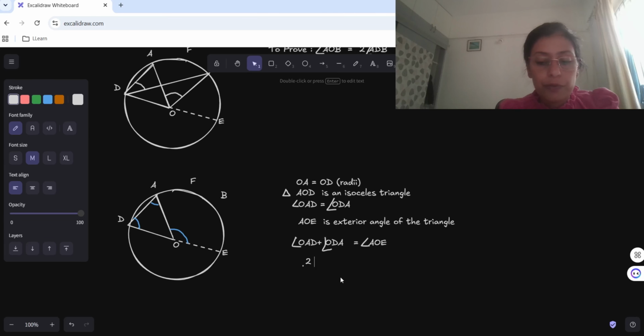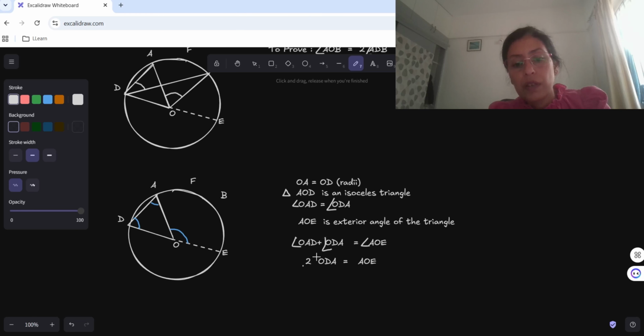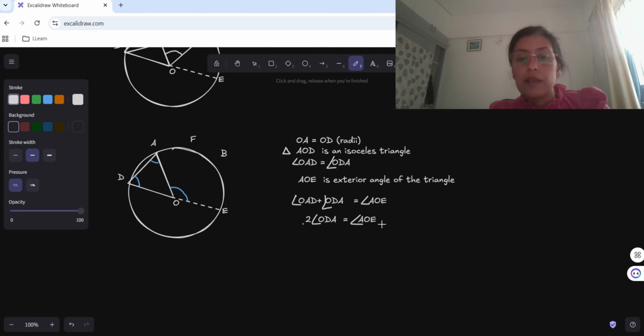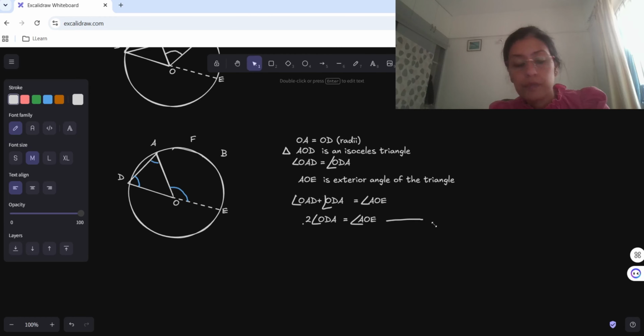Twice of angle ODA is equal to angle AOE. Okay. Now this is our first one.